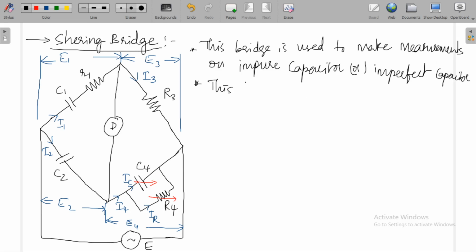This bridge can be used for the measurement of capacitance.